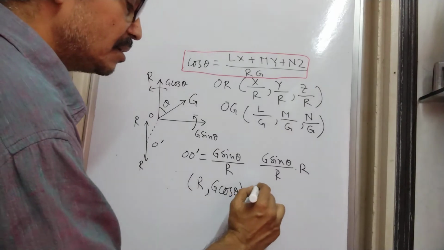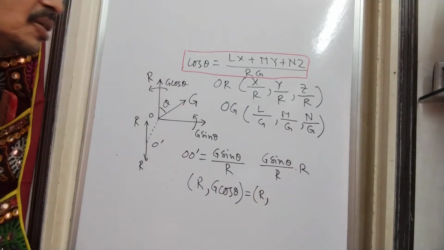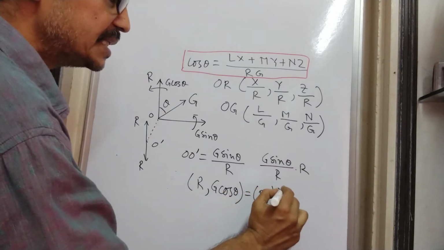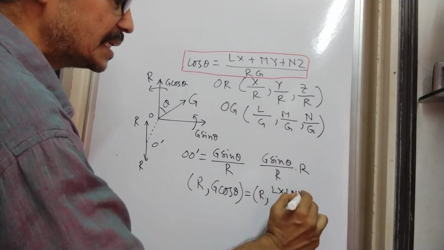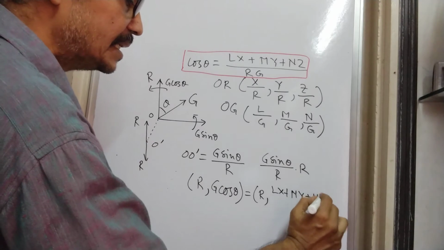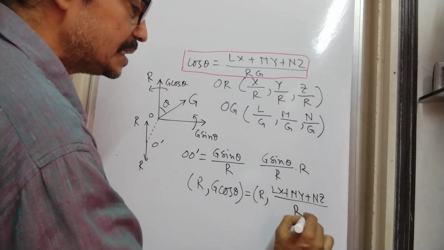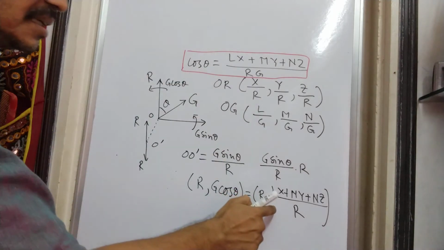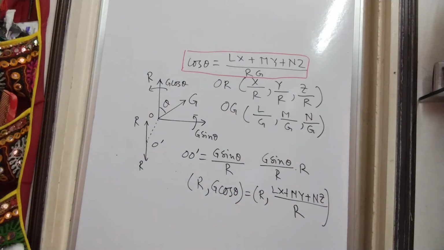Now what is the value of G cos theta? We can easily look here to find that the value of G cos theta is Lx plus My plus Nz by R. Isn't it so? From this relation. So what have we done?